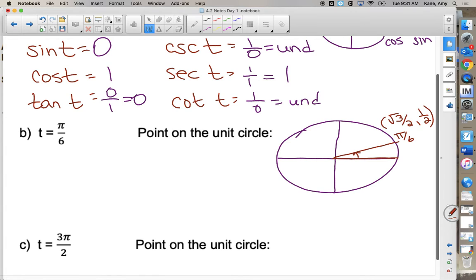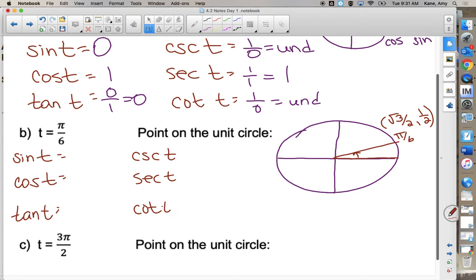So doing what we did before, we're going to see if we can find those 6 functions. And then we'll try and get the reciprocal functions as well. So Emma, the sine of pi over 6 is 1/2 because the sine is the y.